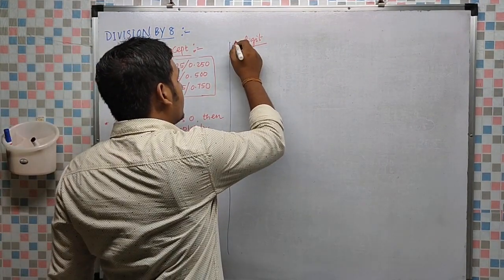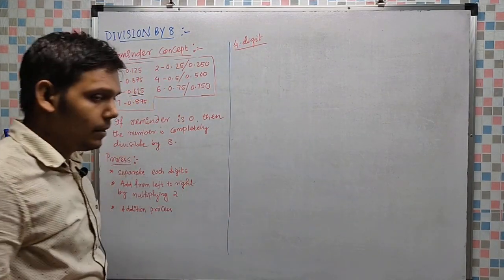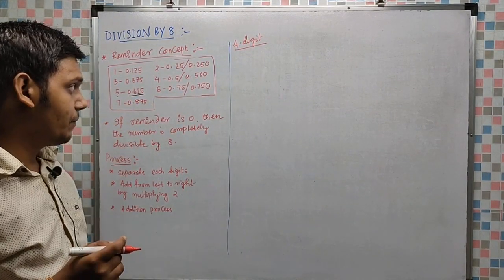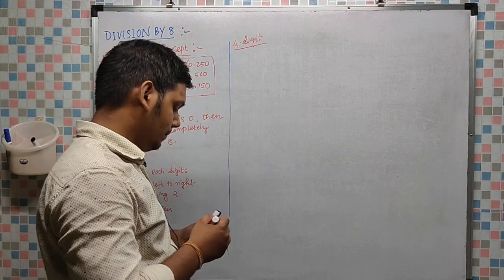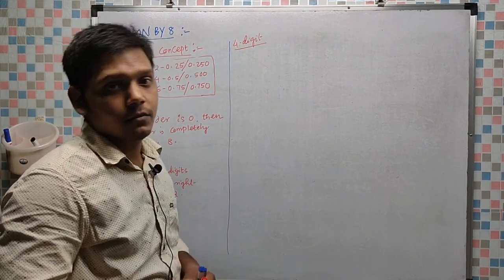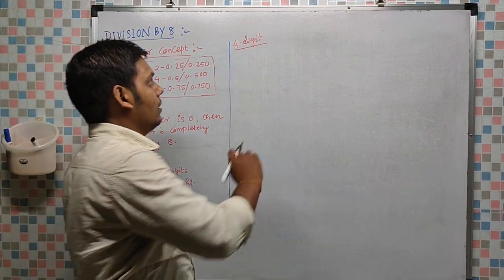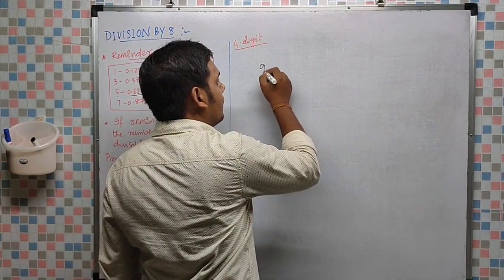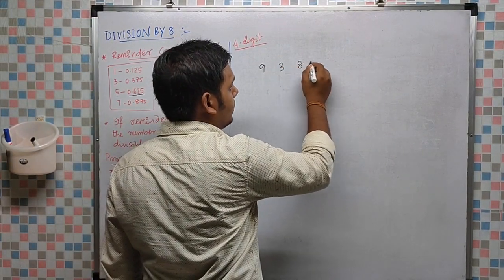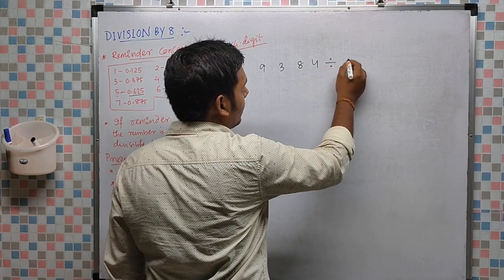Here the 4-digit number, the process is same, like 3-digit. We have to take 4 digits here. So say any 4-digit number, like 9384 divided by 8.